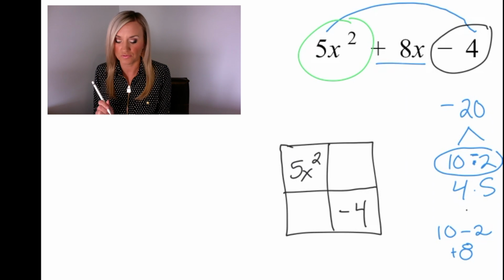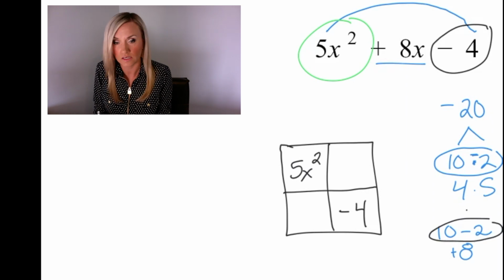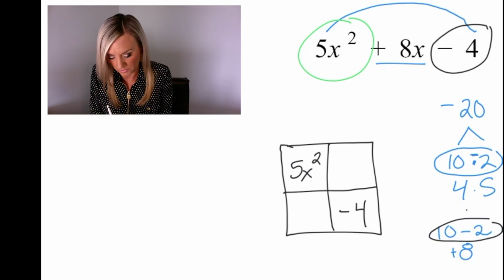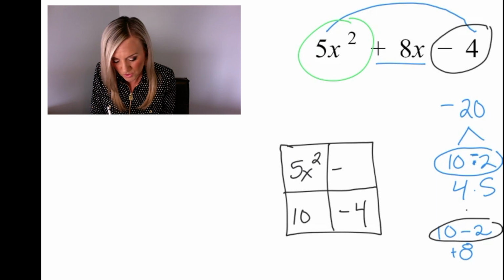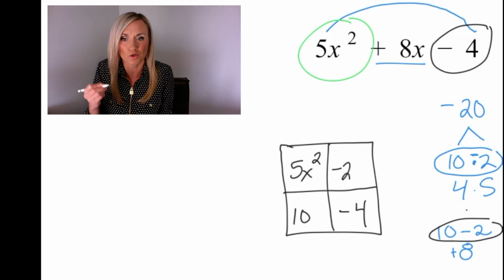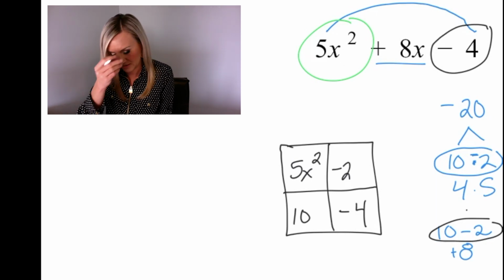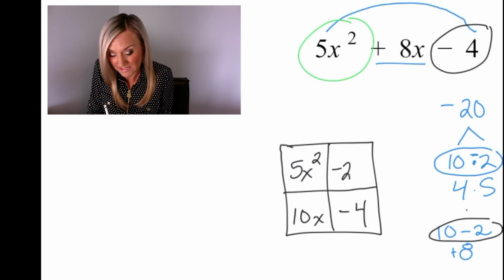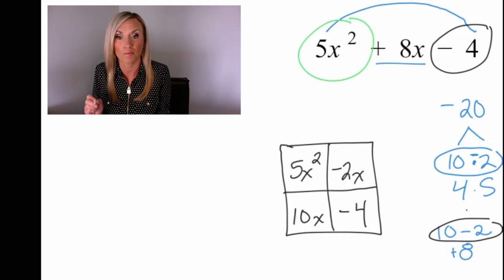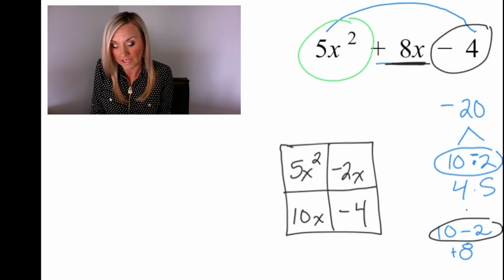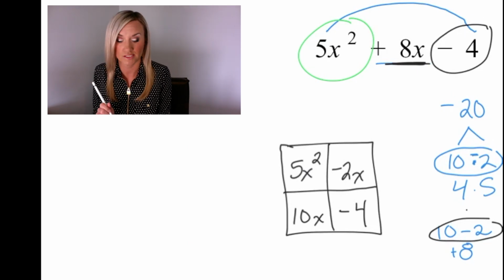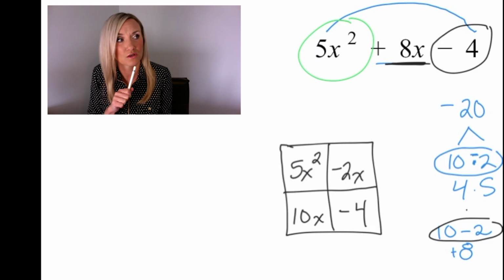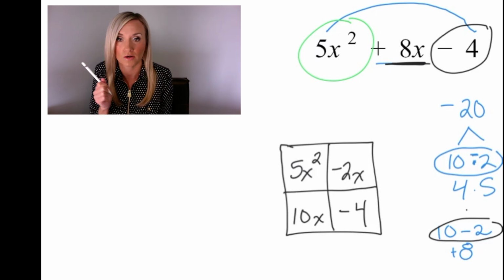The two that we found, the 10 and the negative 2, go in the diagonals. It doesn't matter which one: you could put the 10 on top and the 2 on the bottom. But what does matter is that they have the x's with them, because we need an 8x. So don't forget your x's, even though we wish we could. Write them down.